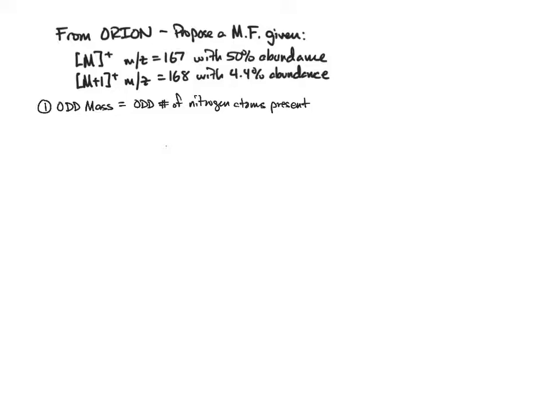So for the sake of this problem, let's just assume that n equals 1, so that there's one nitrogen atom. So if we do that, we can take 167 minus 14, that's the atomic mass of nitrogen, and that gets us 153 mass units remaining.